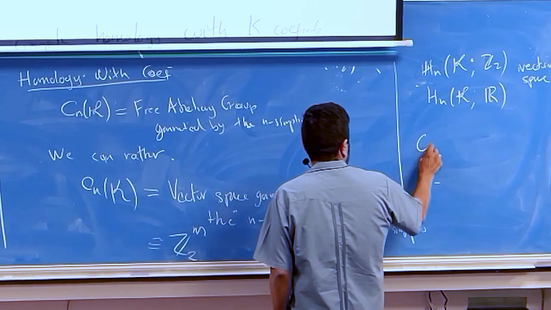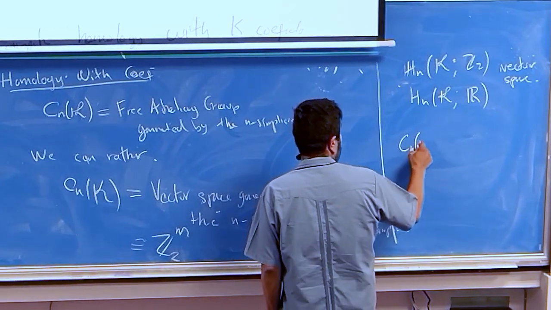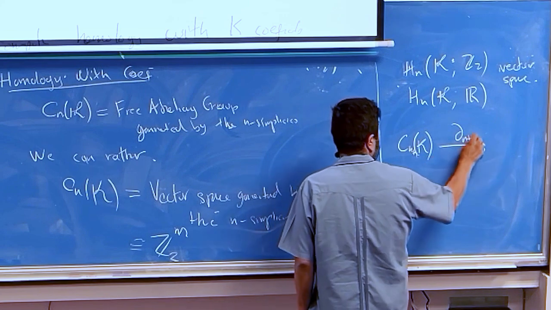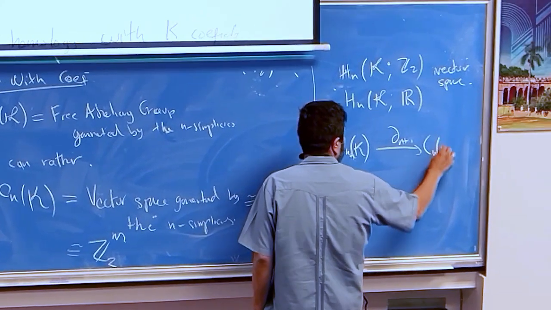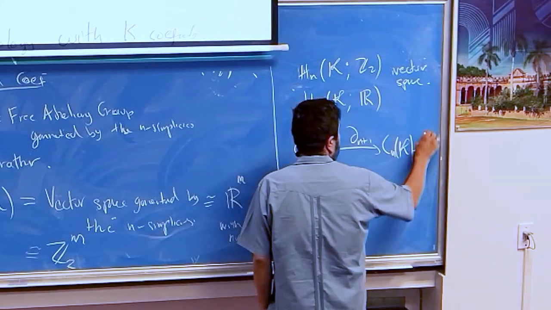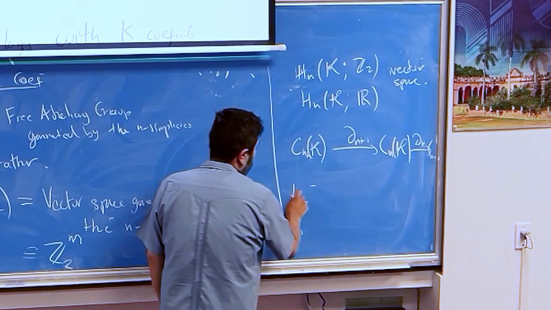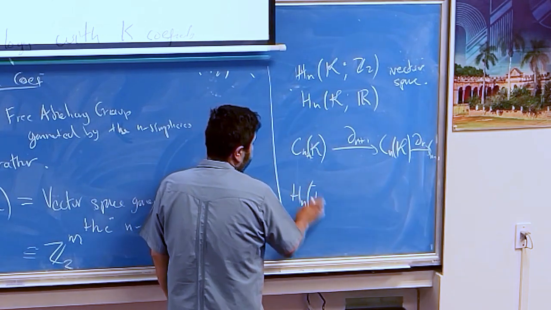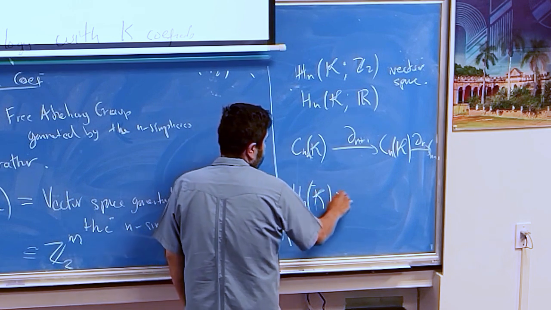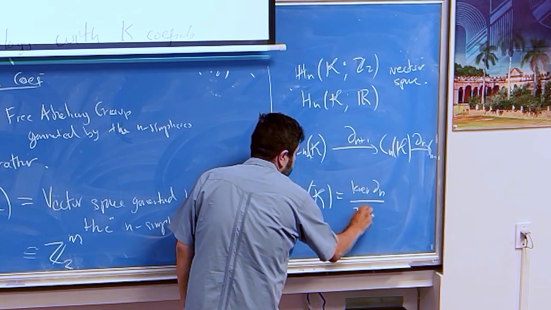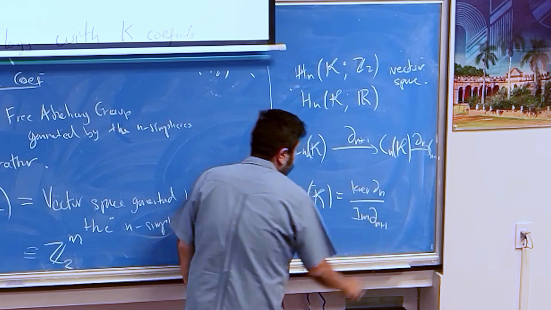Remember that we were working with Cn+1 of K, Cn of K, and Cn-1. So if you want to compute the homology, in this case it is the kernel of Dn divided by the image of Dn+1.